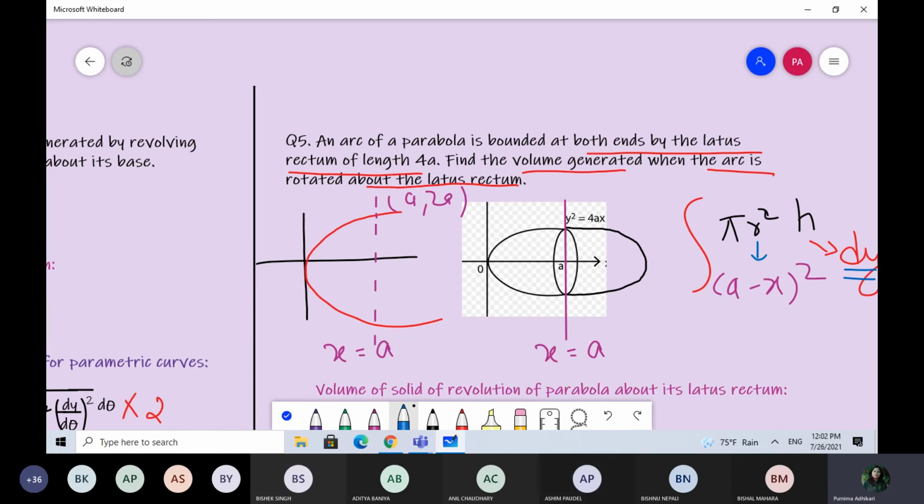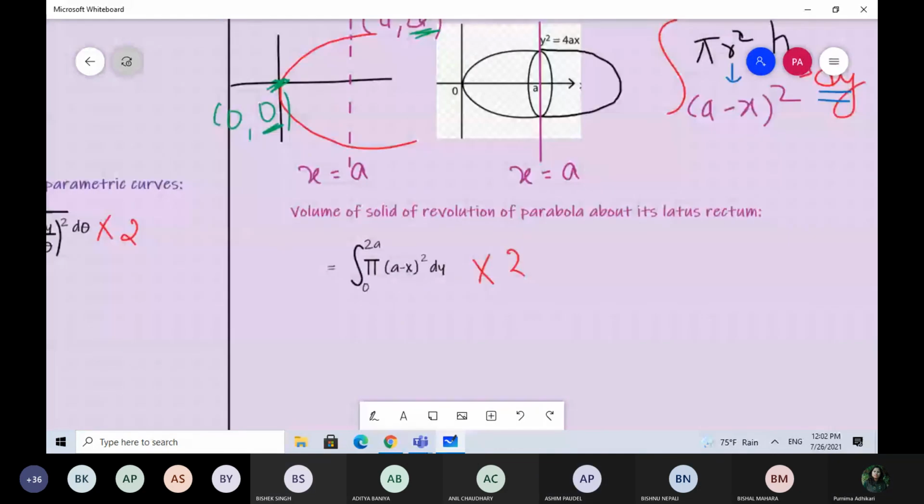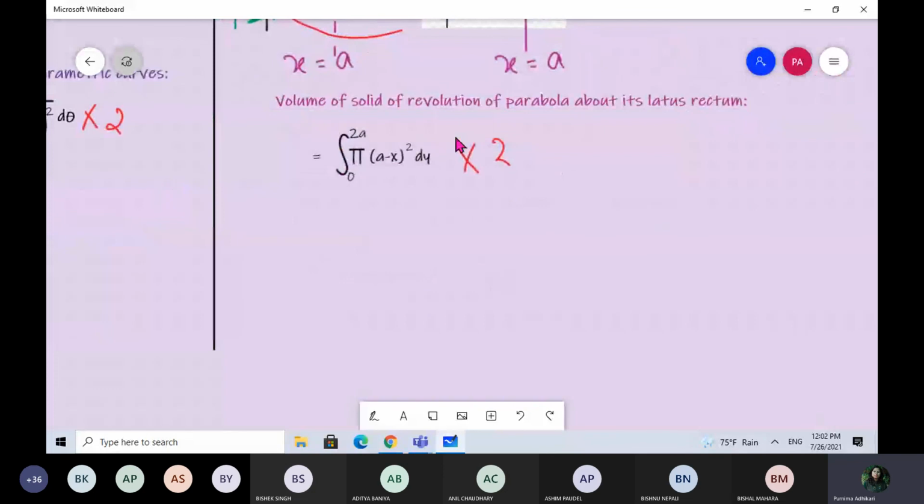You are integrating with respect to y, so you only look at the limits of y. Let's start from 0. We took 0 to 2a, the minimum possible limits. So when you take 0 to 2a, what will be your multiplication part? 2 times. Exactly, 2 times. So you have got it. This is your formula, 0 to 2a.